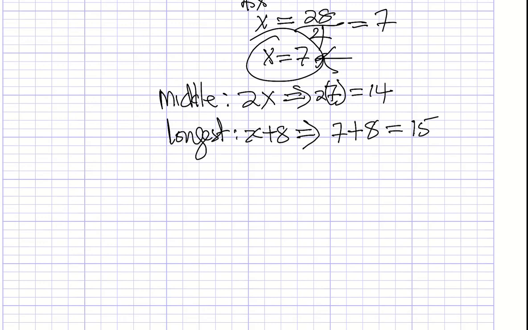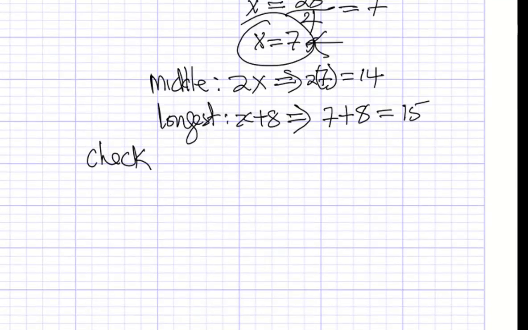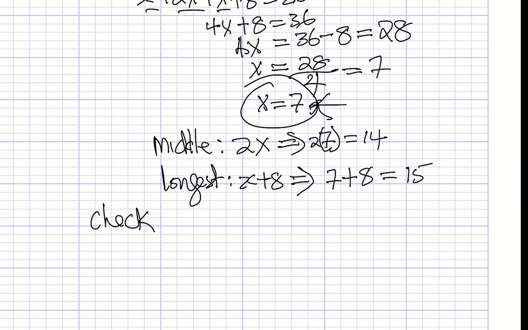The best way we can check to see if we did it right is to add the shortest, plus the middle, plus the longest.